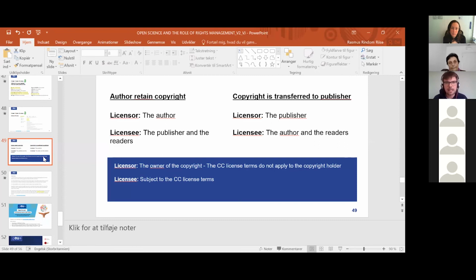And what does that imply for the authors or the originators of the work? That simply implies that if copyright is transferred, the authors themselves will be licensees to the license that's applied to their work. So let's say they pay an APC and they publish in a journal that requires a CC BY NC. Then the authors themselves may not use their own work for commercial purposes, simply because the work has been licensed with a CC BY NC.